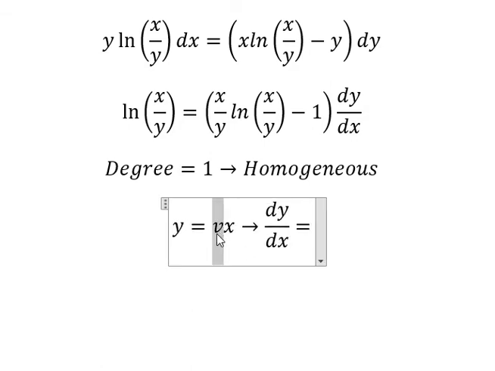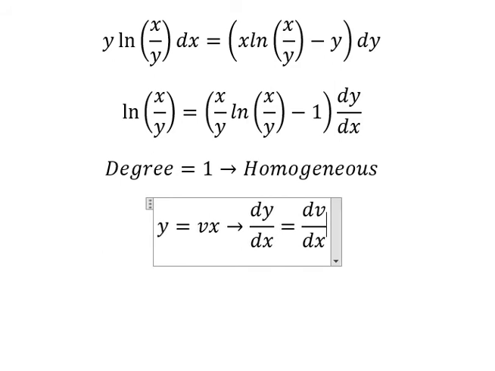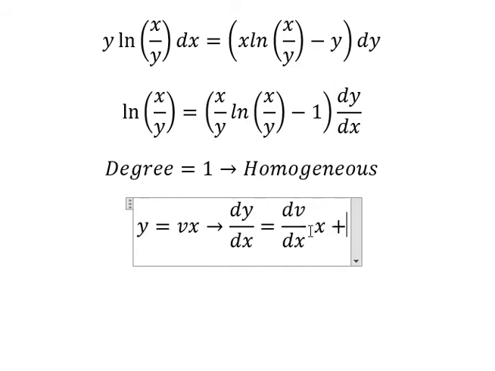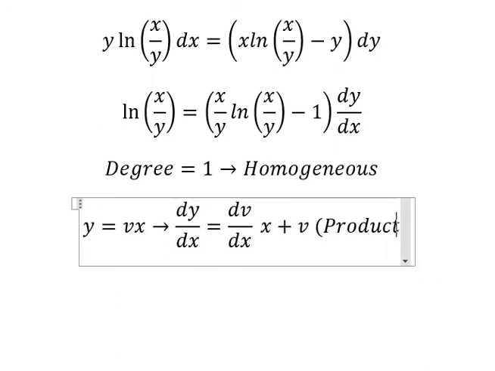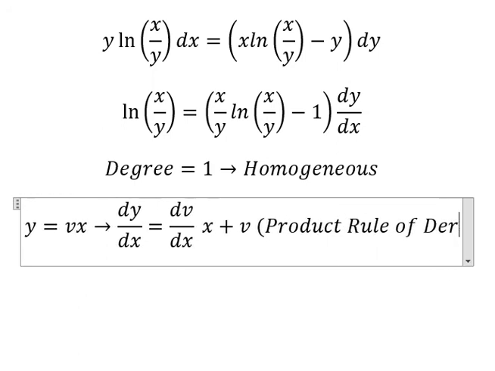First derivative of v, we have dv over dx multiplied by x. First derivative of x, you got number 1, so we have v. This is about the product rule of derivative.